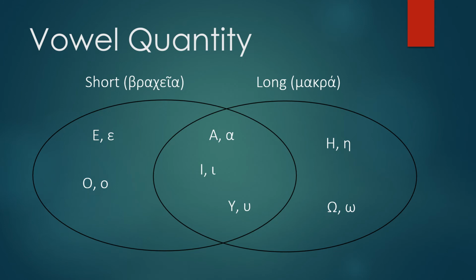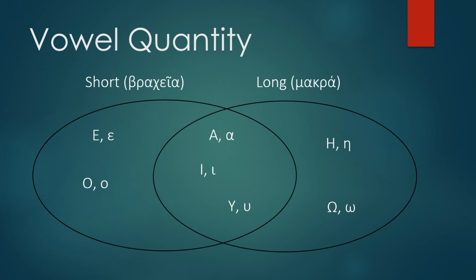By now, you have probably gathered that some vowels are always short, and some are always long, and some can be either. I'm just going to tell you right here specifically, epsilon is always short, and its long version is eta, which is always long. Omicron is the short version of omega, and omega is the long version of omicron.